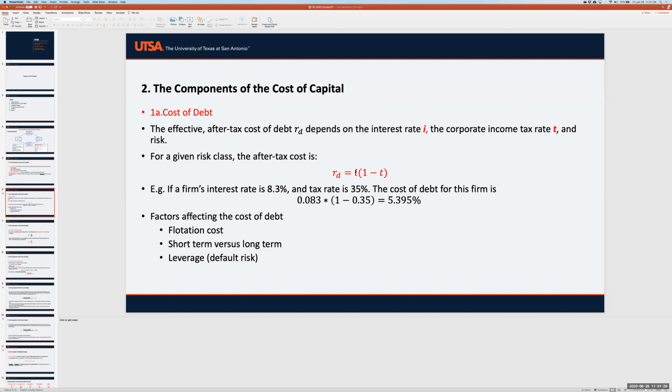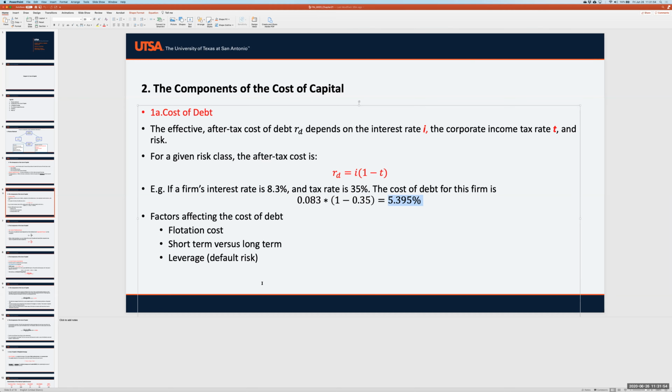Simply calculating the interest cost of debt would equal I if you didn't take the interest exclusion into account. So it is simply 1 minus T, which is 35%. The corporation only pays 65% of this value, which is 5.395%. Okay.